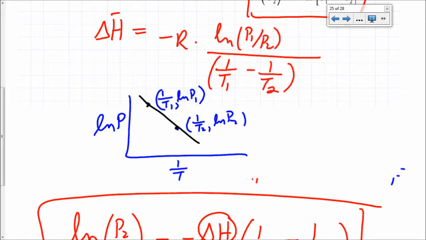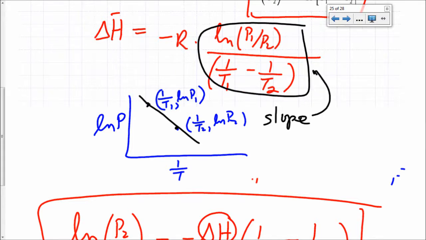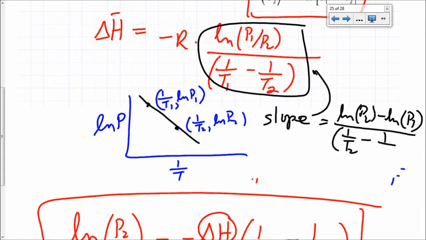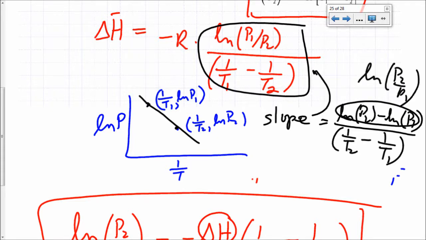Because what's the slope? ln of P2 minus ln of P1 over 1 over T2 minus 1 over T1, or the other way around. But what's ln of P2 minus ln of P1? That's ln of P2 over P1.